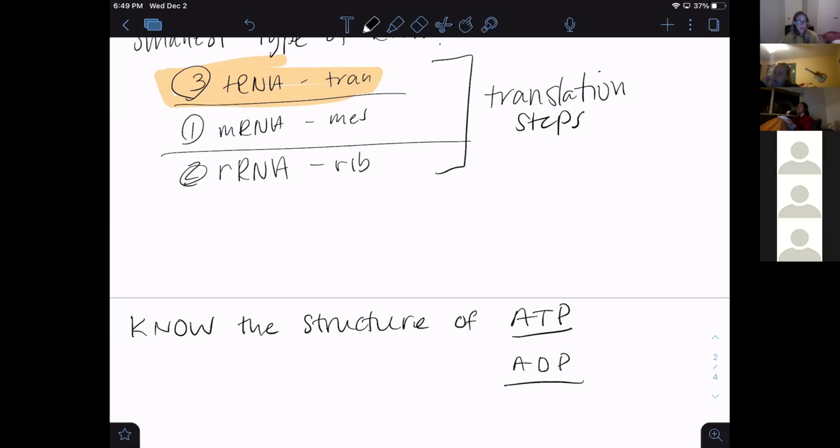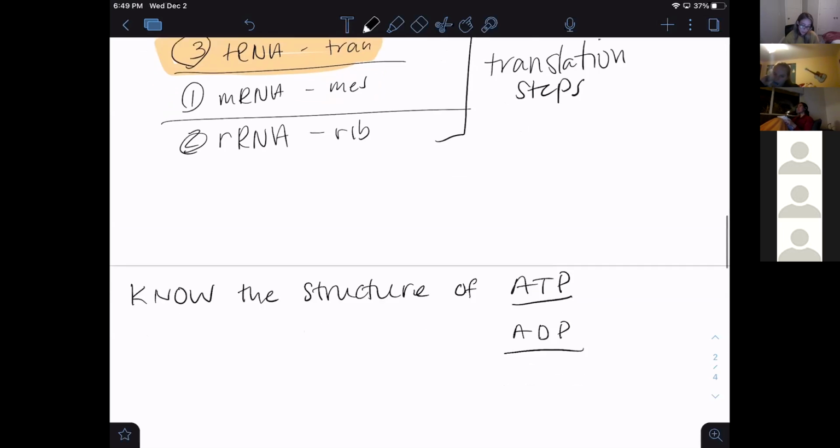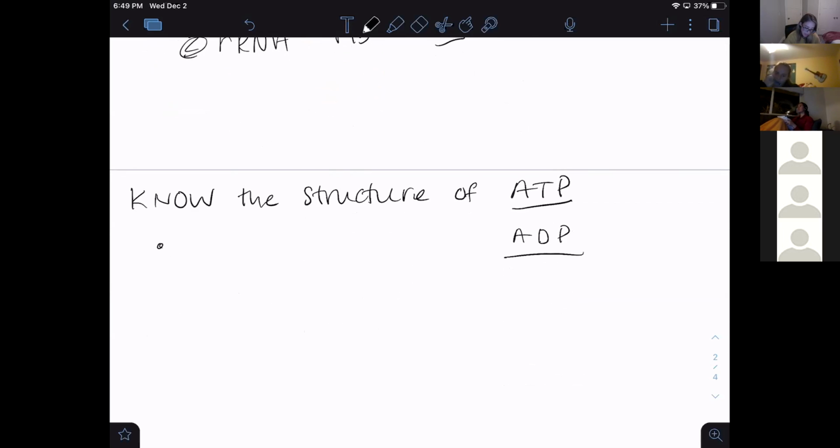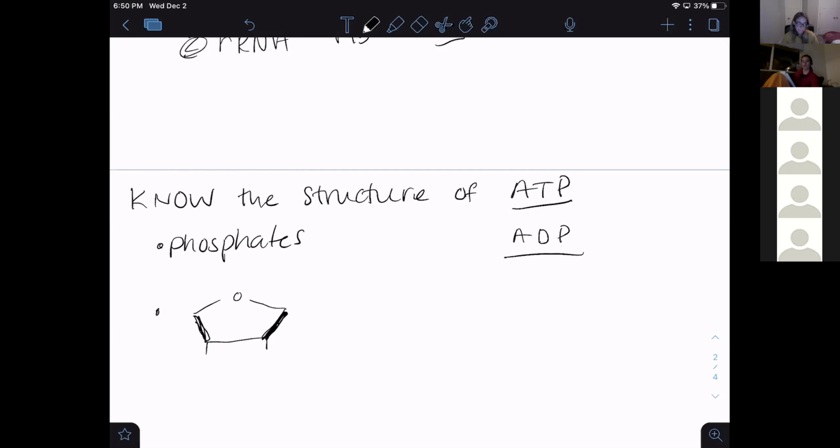The next thing though is you need to look for the phosphates, but then I also want you to look here. What is on these carbons that makes it ATP versus ADP? The hydroxyl group, yeah.